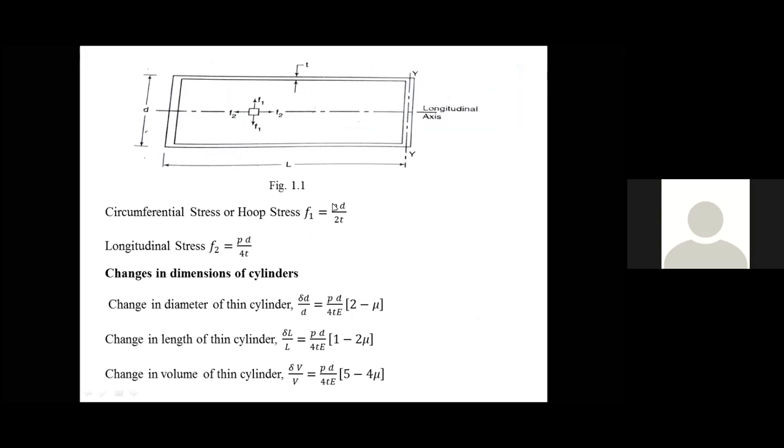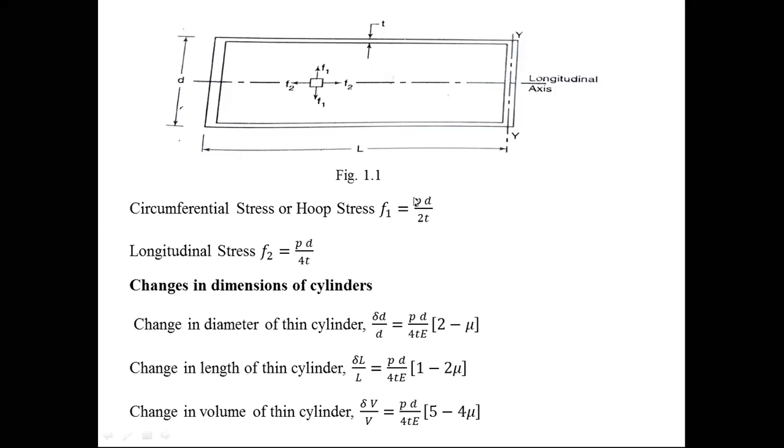So here the maximum shear stress on the cylinder will be F1 minus F2 by 2. F1 is PD by 2T and F2 is PD by 4T, so half the difference is PD by 8T. So maximum shear stress is equal to PD by 8T.